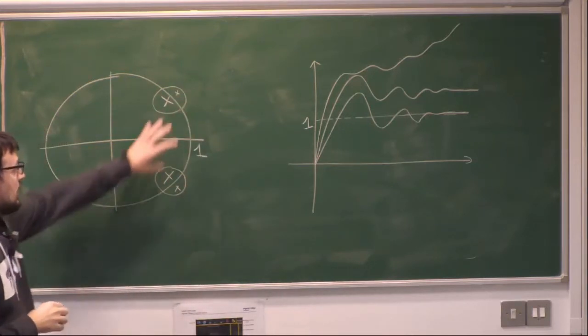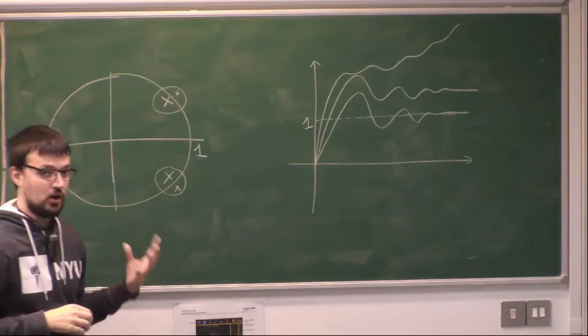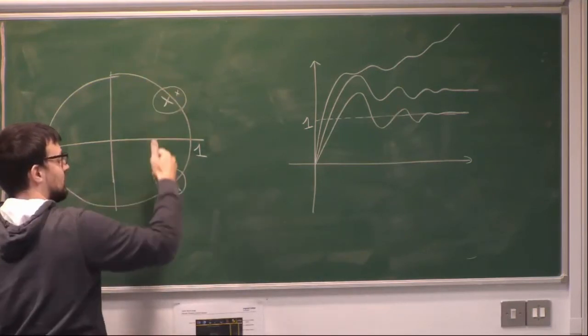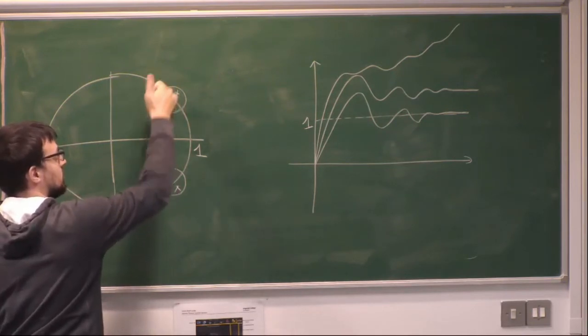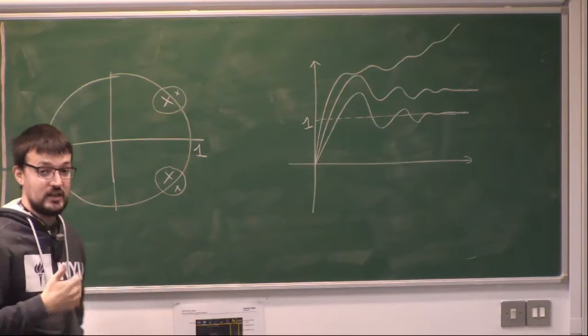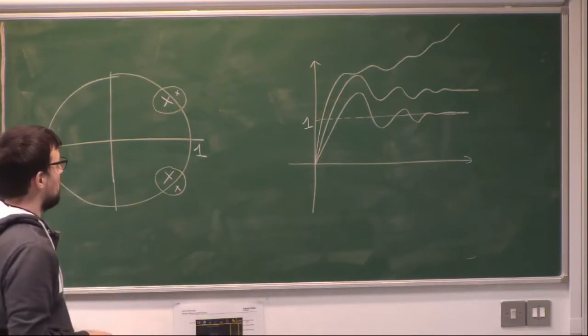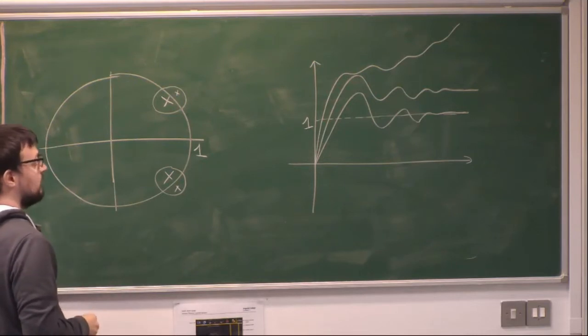So since we don't have a perfect knowledge of our physical system, we think that here the poles are inside the circle, but actually the poles happen outside the circle in the real system. And the system is not stable. So to avoid this problem, we use a stability margin.